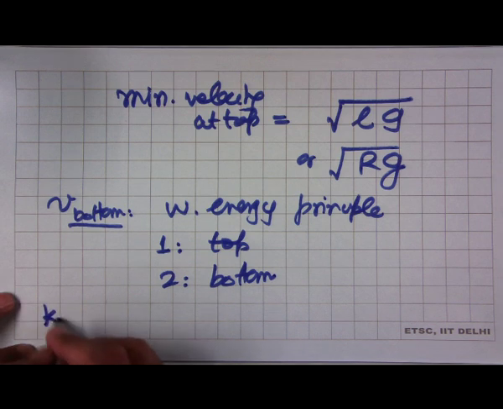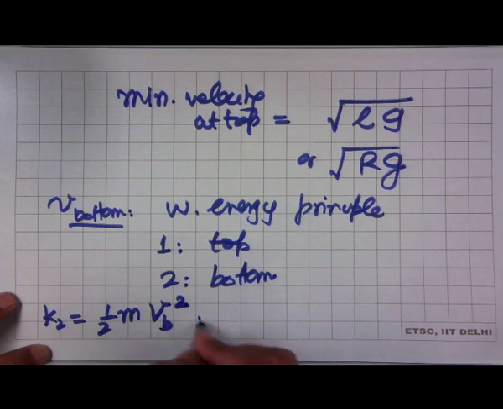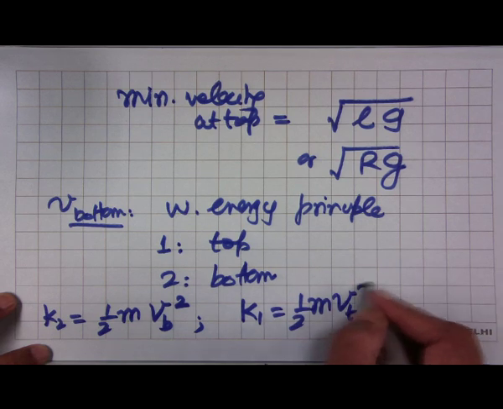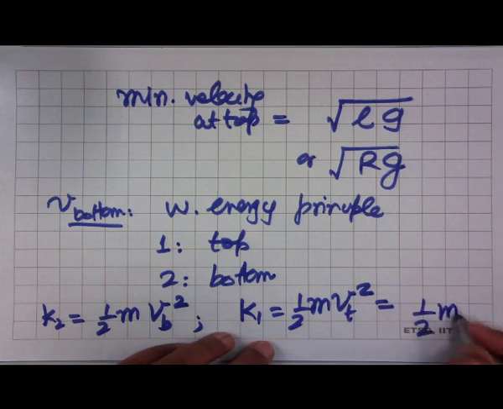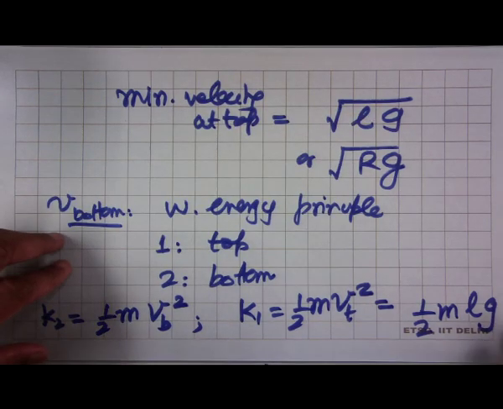So, K2 is equal to half m Vb square, K1 is equal to half m Vt square, which will be equal to half m times Vt square, which is L times g.